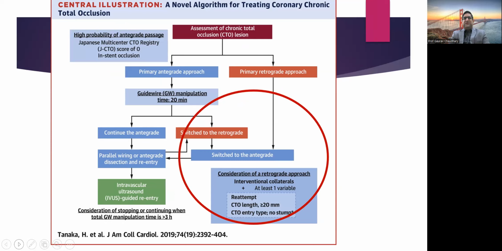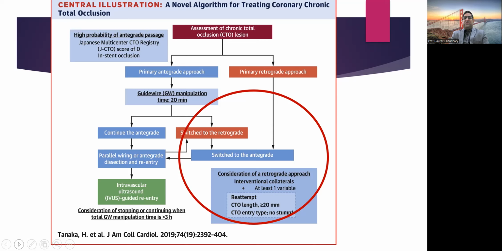Again, it is a different algorithm which suggests that when the J-CTO score is less than 0.1, then of course the primary antegrade approach would be good, and guide wire manipulation time is usually 20 minutes. But there are some cases where a primary retrograde approach would be needed, or once antegrade has failed, and this is a good choice to go retrograde.